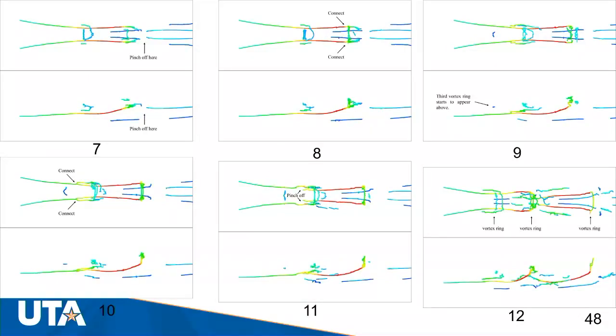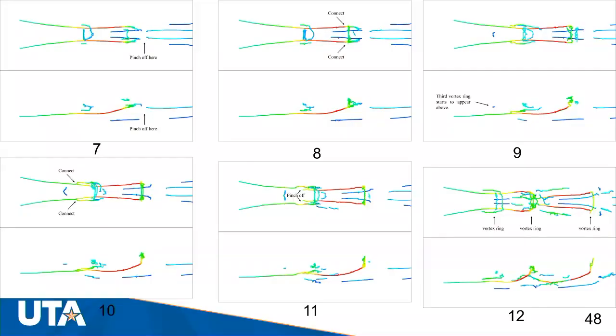Then at the next time step, the top ring connects with the bottom vortex line, so they connect, and then we continue doing this step. So it goes up, and the initial stage of the third vortex ring starts to form. The second ring connects to the bottom vortex structure, right?